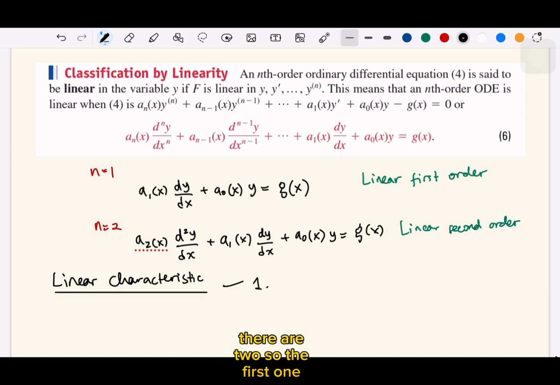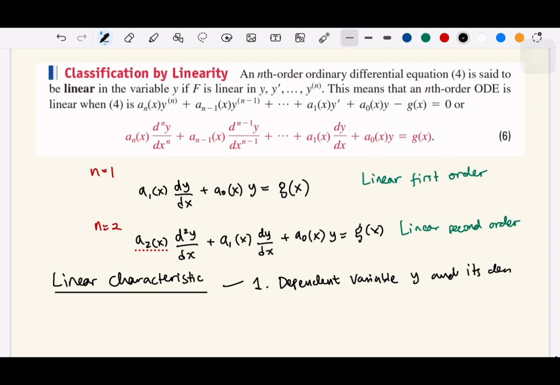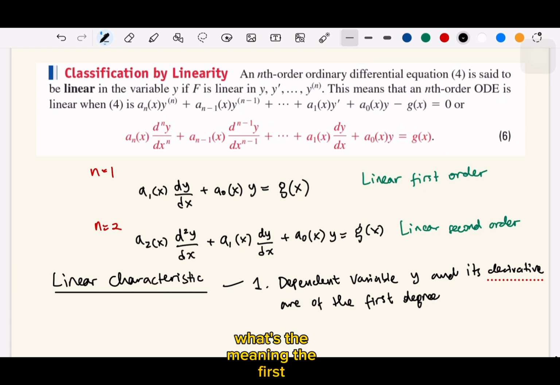The first one, the dependent variable y and its derivatives are of the first degree.